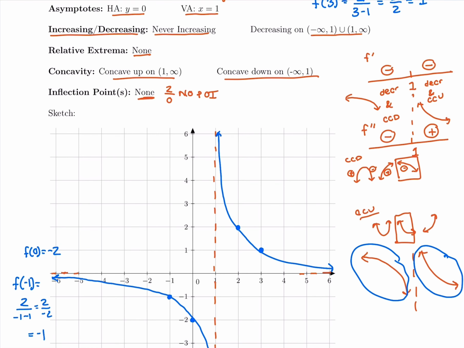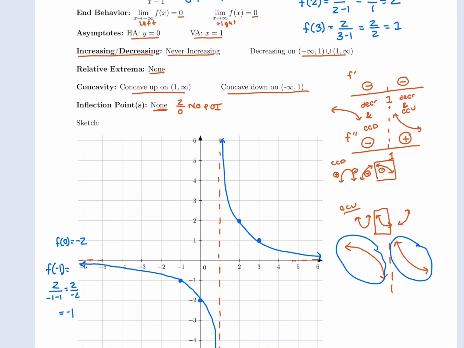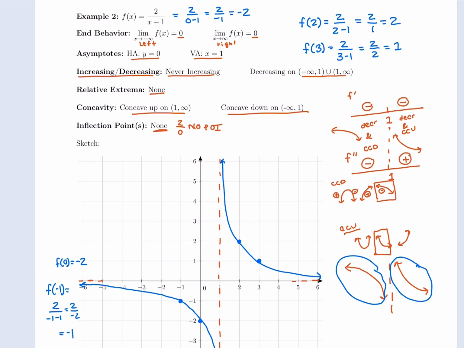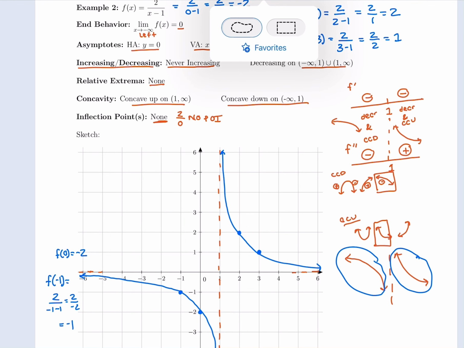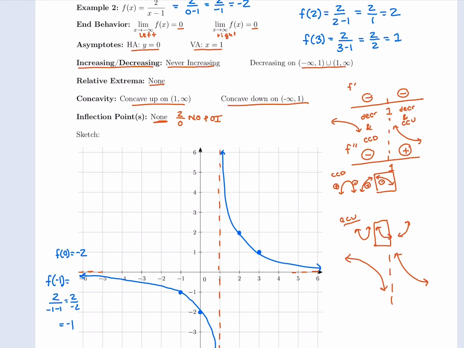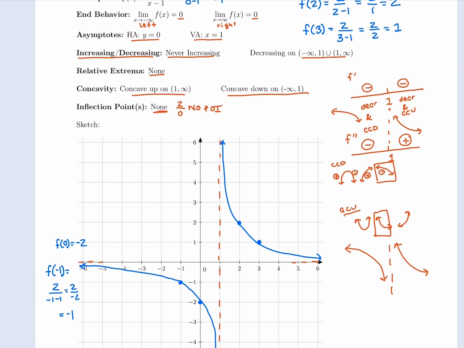Approaching both our vertical asymptote and our horizontal asymptote. So lots of work even being given all this information. This one was a bit more work just because we didn't have any points that were given to us. So we knew the general shape of the graph from looking at our sign charts, but then we had to figure out where exactly to put them by plugging in a couple points within that part of the graph.